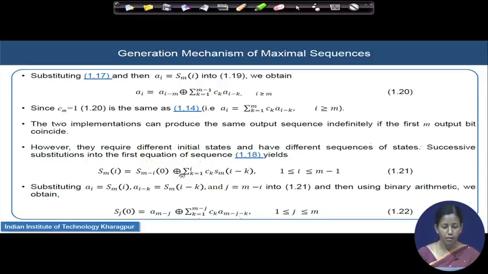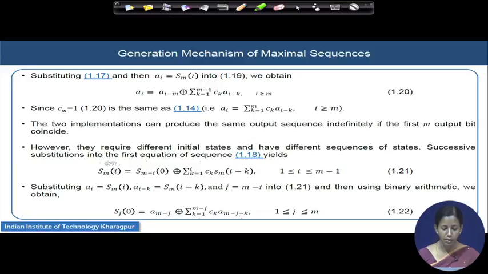So, the two implementations are now equivalent, that is the demand. However, the differential initial states and their different sequence states are really required for successive generation.